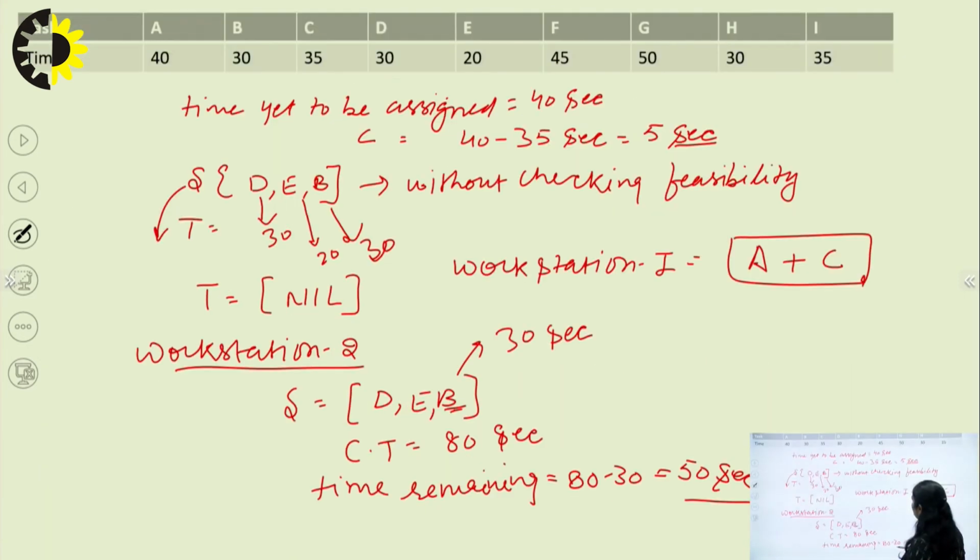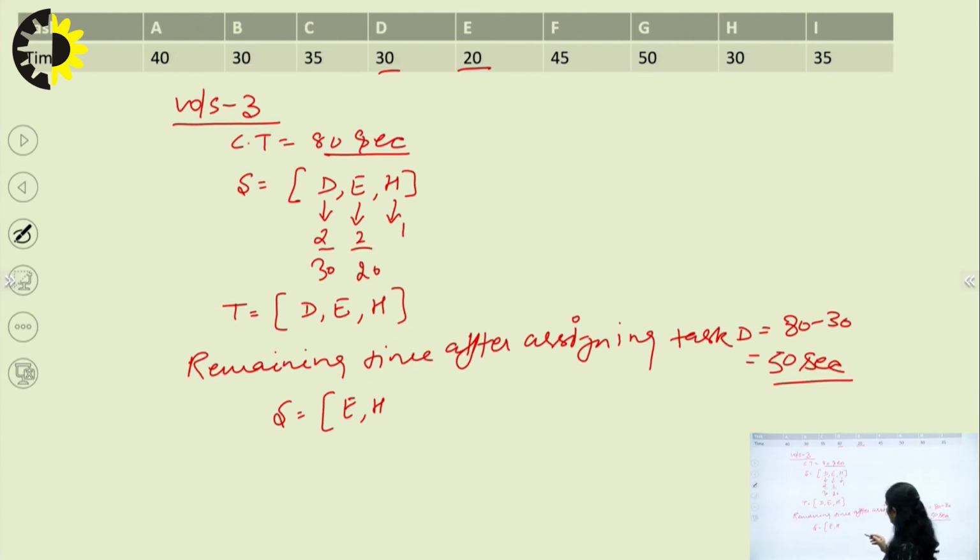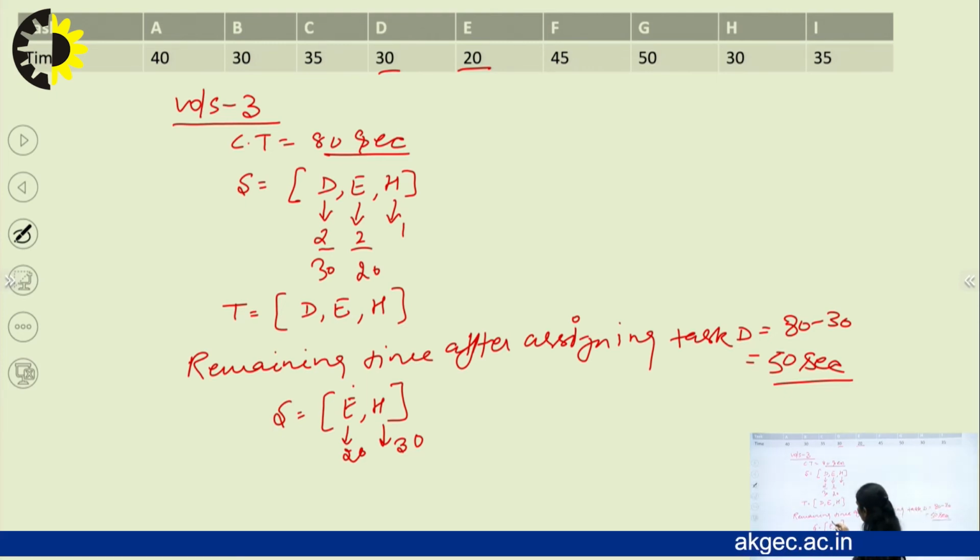Now these are the feasible tasks, E and H. Now we will see the time: for E it is 20 and for H it is 30, and as per the number of following tasks, for E it is 2 and for H it is 1.